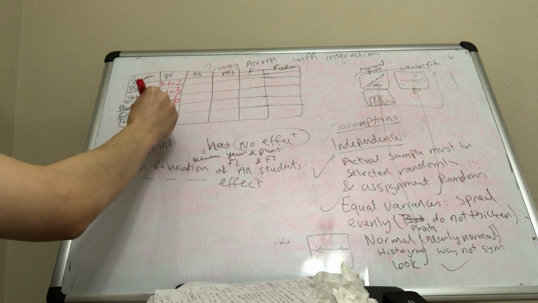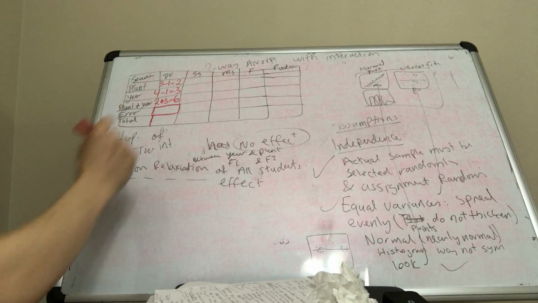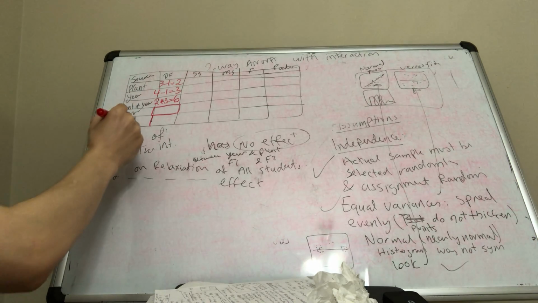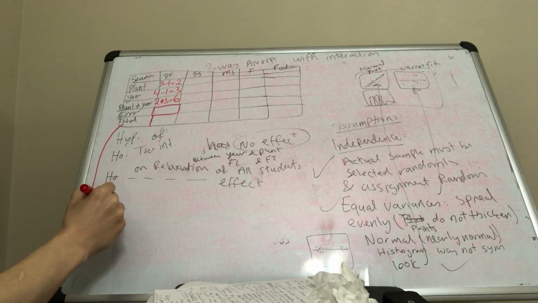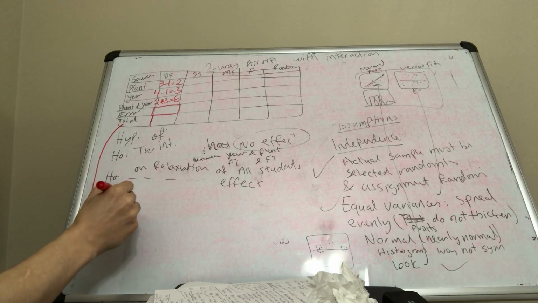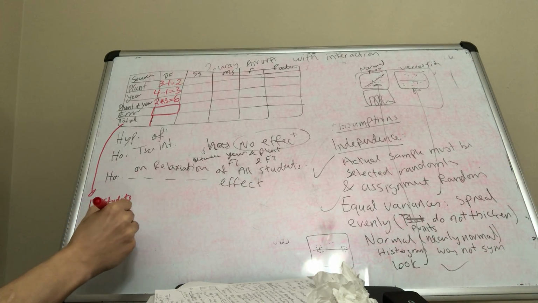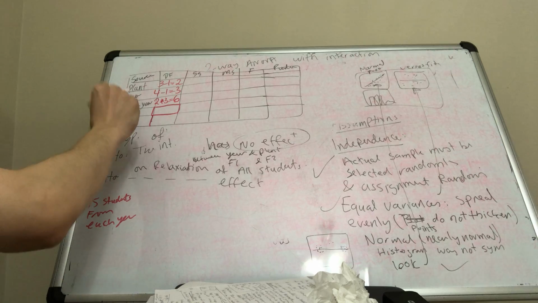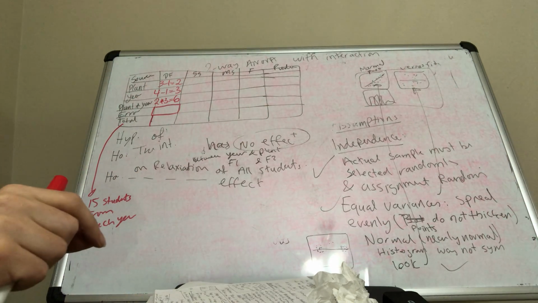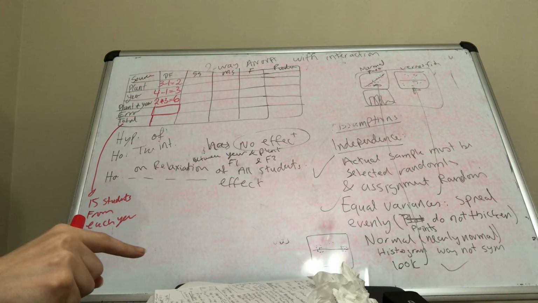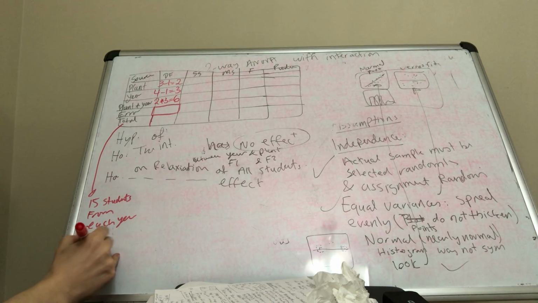This one you leave. You do this, the total. Remember, you had 15 students from each year. So from the 4 years, they tell you in the question that they had 15 students from each year, so the total number of students would be 60.